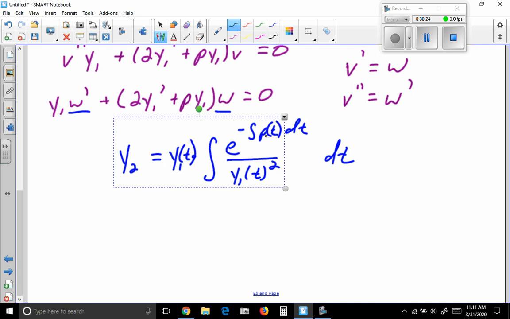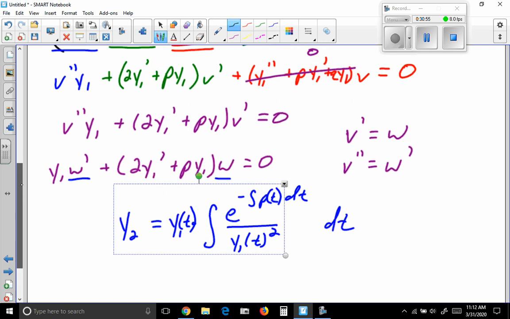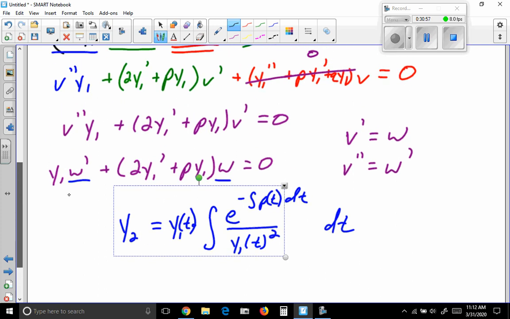So whatever our p is, integrate that, it becomes the power of e, divide by our first solution squared. Once we divide that, integrate it with respect to t, and then multiply that times y1, that will give us our second solution. But instead of using the formula, sometimes we'll just use our technique that we used to establish that this was indeed a separable differential equation to actually find our solution.